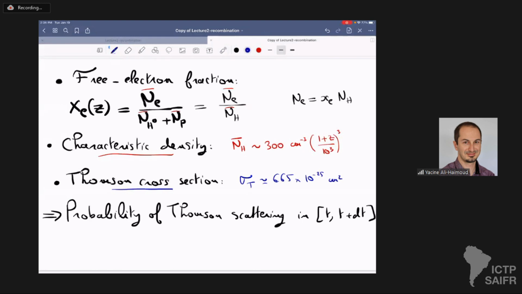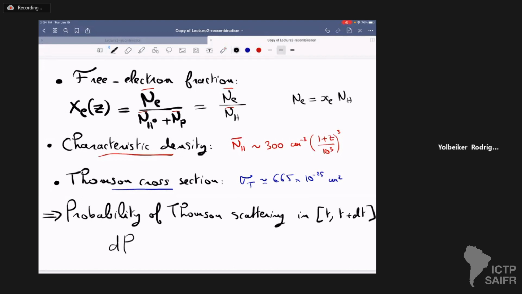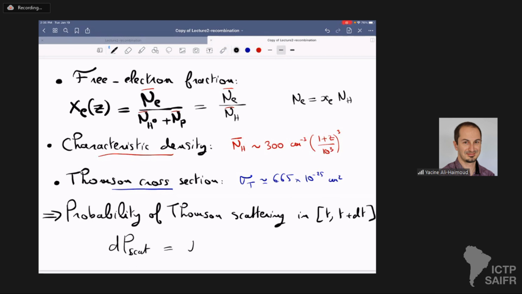Okay, so given this mean density of hydrogen atoms, given the mean density of free electrons, one can compute the probability for a given photon: what is the probability that it will Thomson scatter between the time interval t to t plus dt? This probability, I'm going to denote by dP_scat. It is just equal to the Thomson cross-section times the number density of scatterers, times dt.